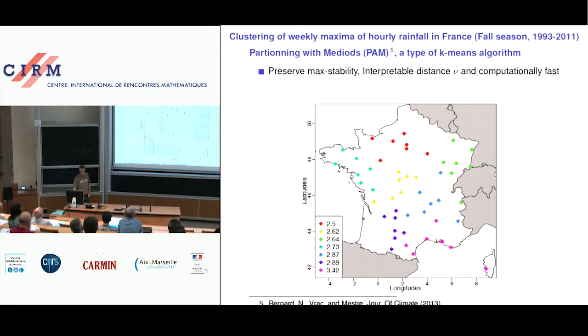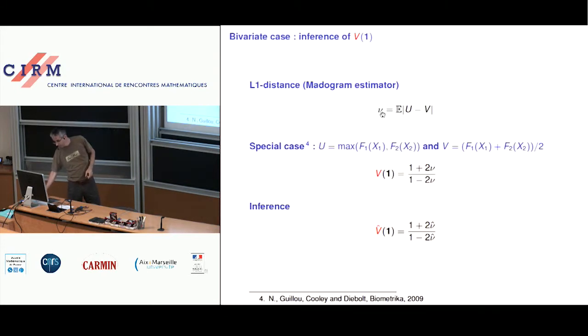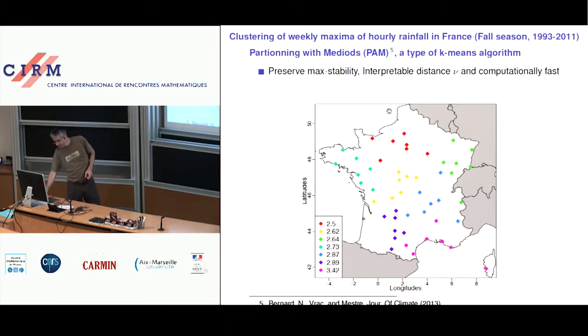So here, as I said, I have my 92 stations. I'm not going to spend too much time on the clustering, but what we did here, we tried to divide the fronts into different parts. We use a kind of k-means algorithm. I don't know if you know what a k-means algorithm is, but basically, we take this L1 distance and put points together that minimize the distance.